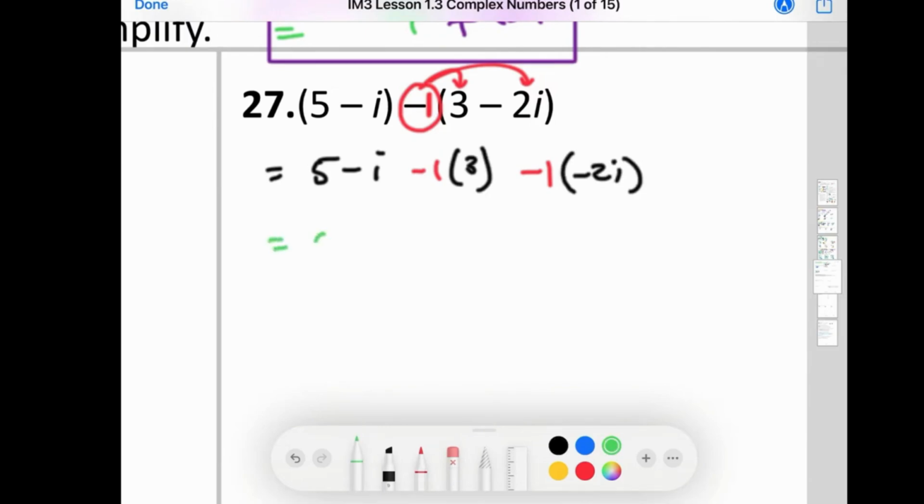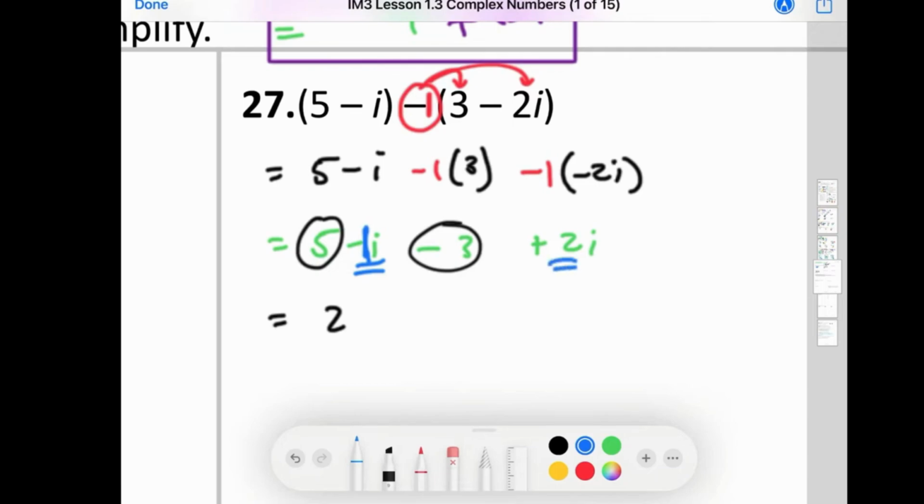Let's clean this up. You're going to get 5 minus i minus 3 plus 2i. And we're just going to combine like terms here. So that would give me a 2. Put a 1 here, so that's negative 1 plus 2 will give me a positive 1i, or just i, right? Because there's a 1 in front.